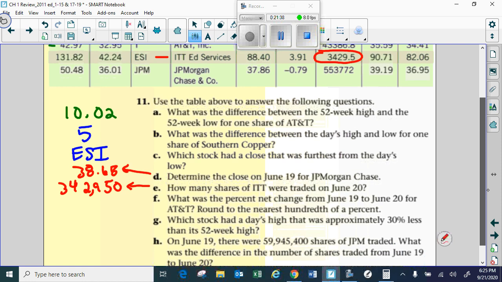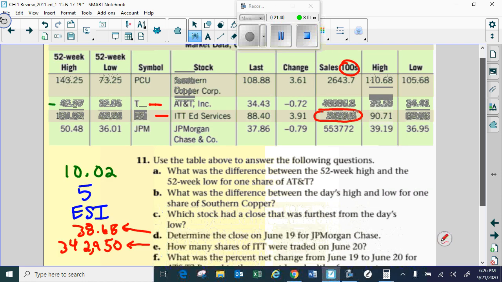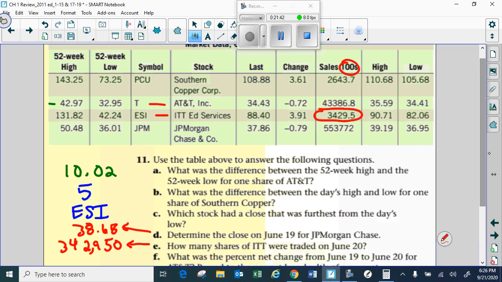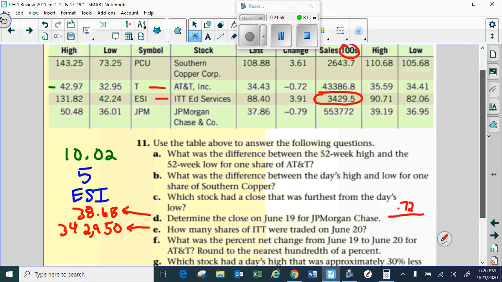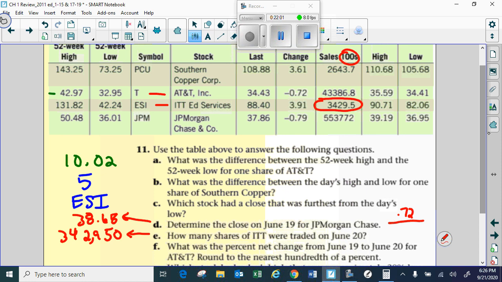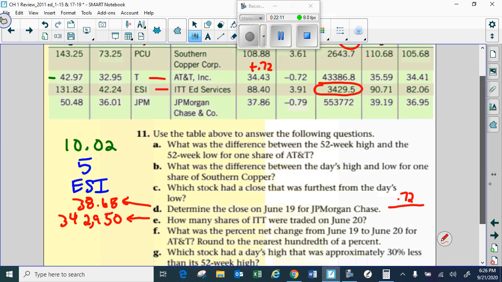So for AT&T, right here, new minus old is 72 cents. It went down 72 cents. So I'm going to write over here 72 cents, new minus old, and then the old, which is the day before. Now, don't forget, we have to use that net change and add it, so we're adding 72 cents right there, which puts it at 35.15.